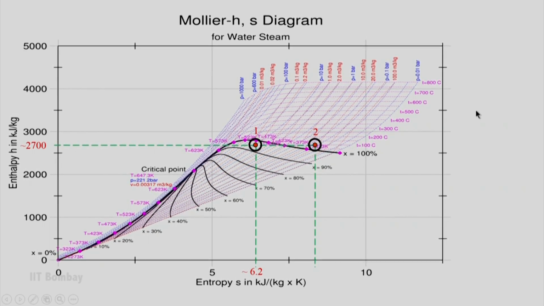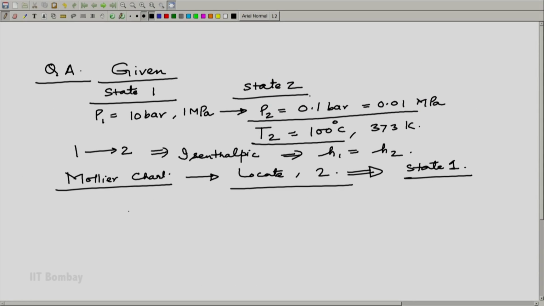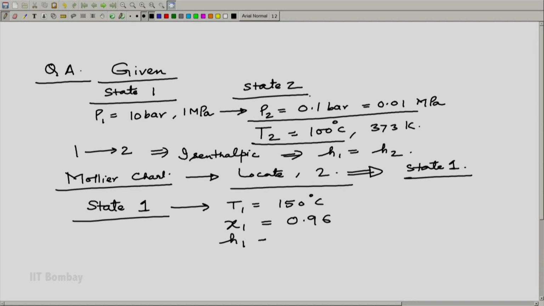I understand from this diagram the data I got for state 1, which is what the question asked: the temperature T1 is equal to 150 degree centigrade. The x1, if I do proper interpolation, is 0.96. Corresponding enthalpy is 2700, which we have seen from the Mollier chart, and entropy we could see is 6.2 kilojoule per kg Kelvin.